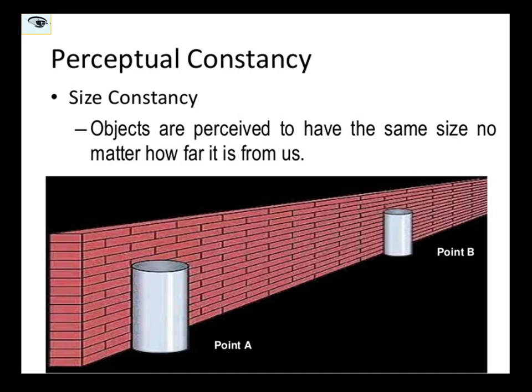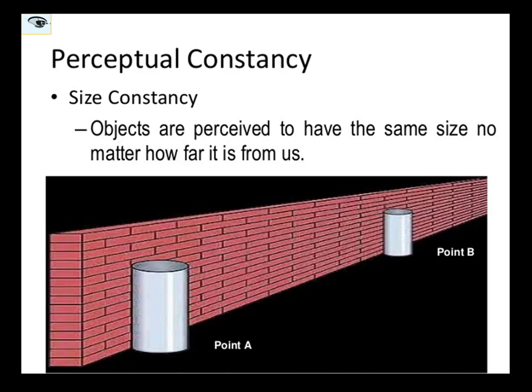For instance, you have a friend, right? And you've been spending time with her every now and then, so you have your own experience with this friend of yours. If she is standing at a distance, the retinal image being formed on your retina is very small because the distance between you and your friend is quite large.